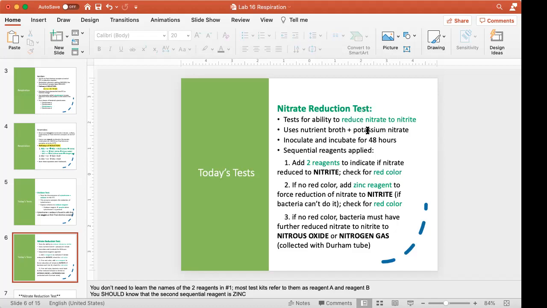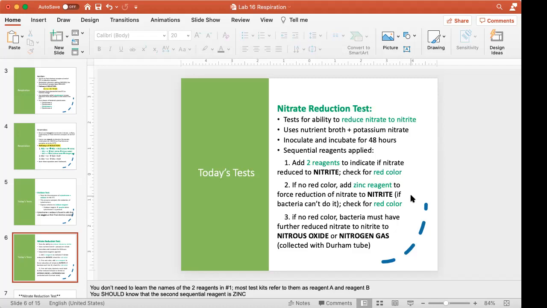All that nitrate would still be in that broth tube. When you add zinc in, the zinc will take the nitrate and reduce it to nitrite, and the tube will turn red. All right? Remember, the red tells you that there's nitrite in the tube.